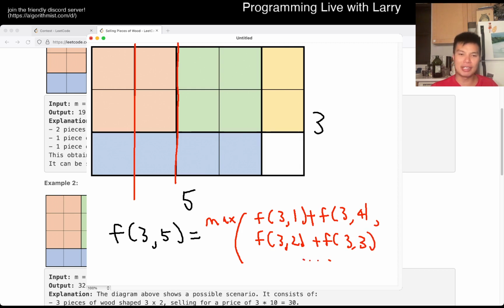So this part you can figure out. And of course, this is just cutting it vertically. You can imagine that very easily.